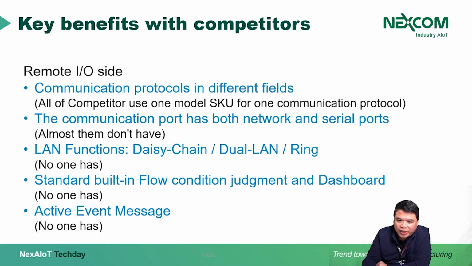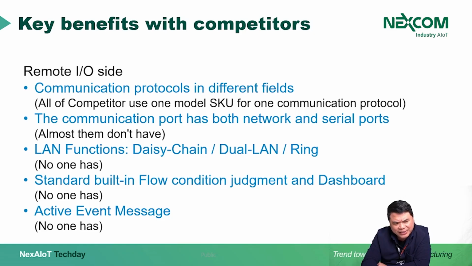And the density chain dual lane ring no one has, and the flow condition judgment dashboard no one has, active event message no one has. So you can see this product is very unique because we have already applied for patents in Europe, US, China, and Taiwan. So you can see this one is very unique.